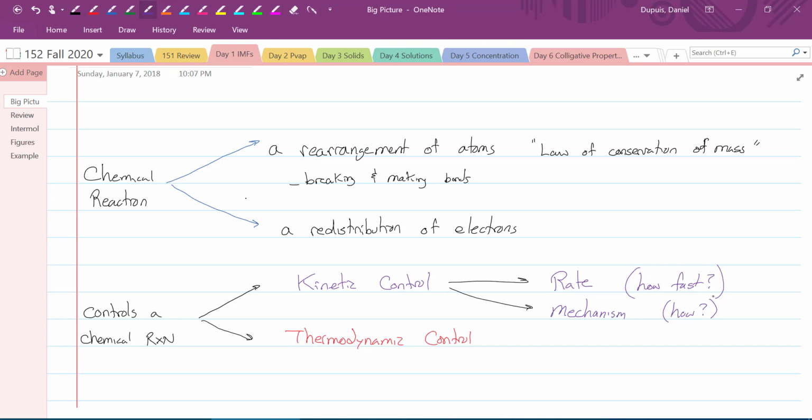Thermodynamic control, which we'll spend more time on this semester, breaks down into two things. It asks us if the reaction is spontaneous, and how far to completion does it go?